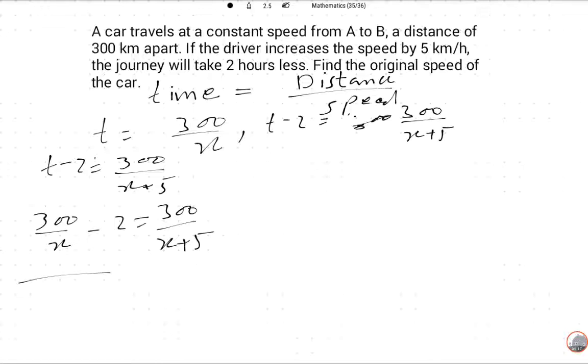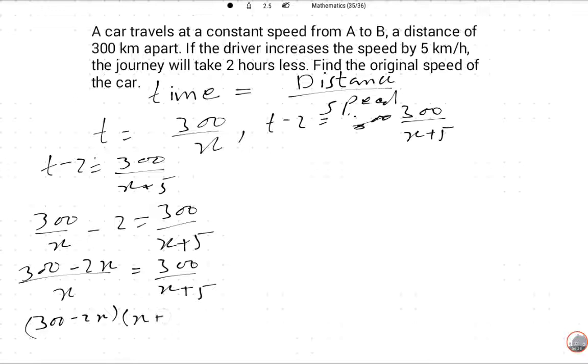So LCM is x. 300 minus 2x upon x is equal to 300 upon x plus 5. So cross multiplication. 300 minus 2x into x plus 5 is equal to 300x.